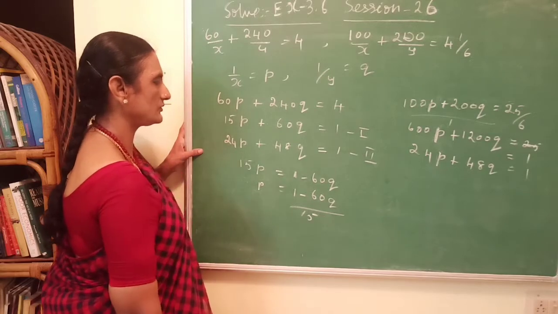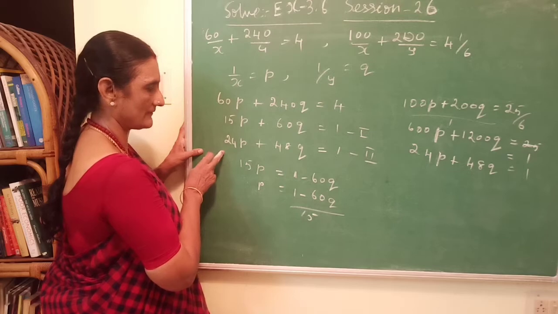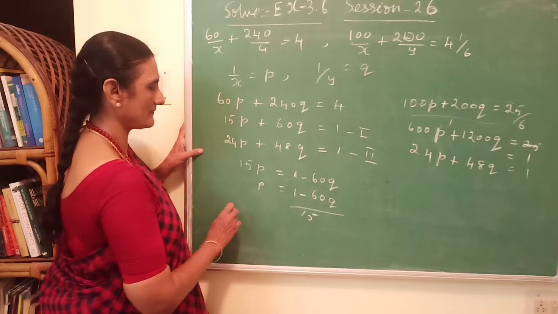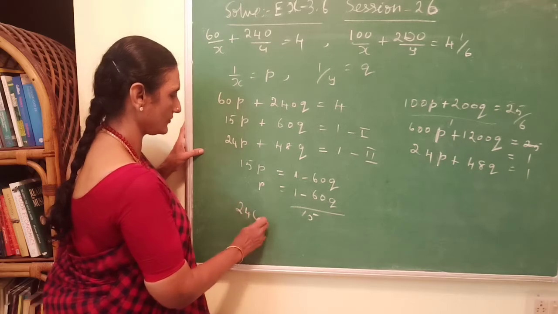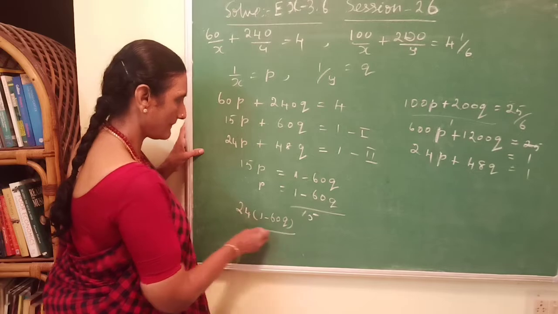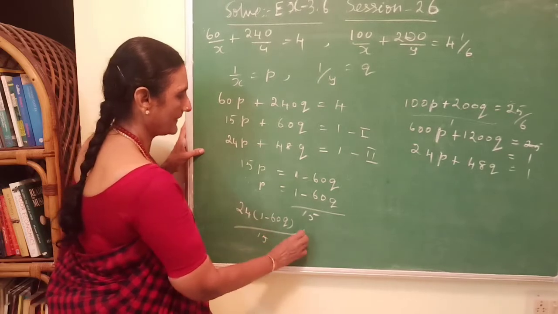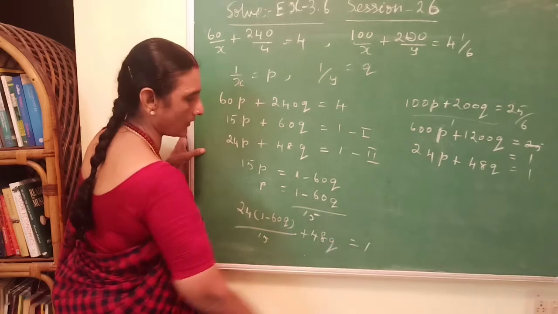So what have we to do? I have to substitute in the second equation. So if I substitute, I will get 24 into 1 minus 60q by 15 plus 48q is equal to 1.